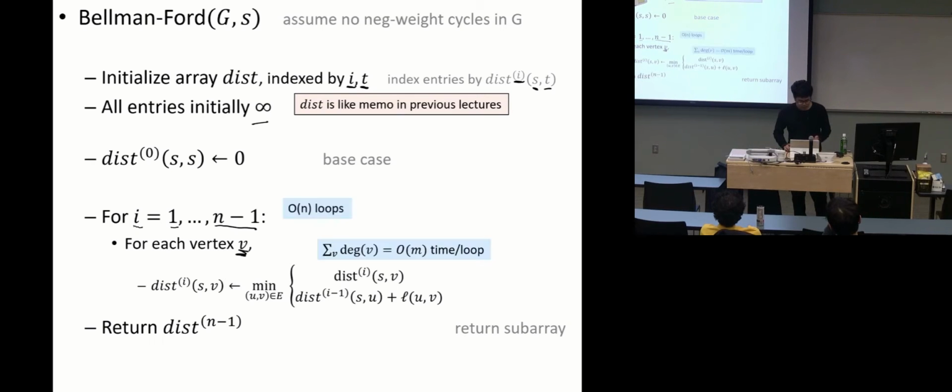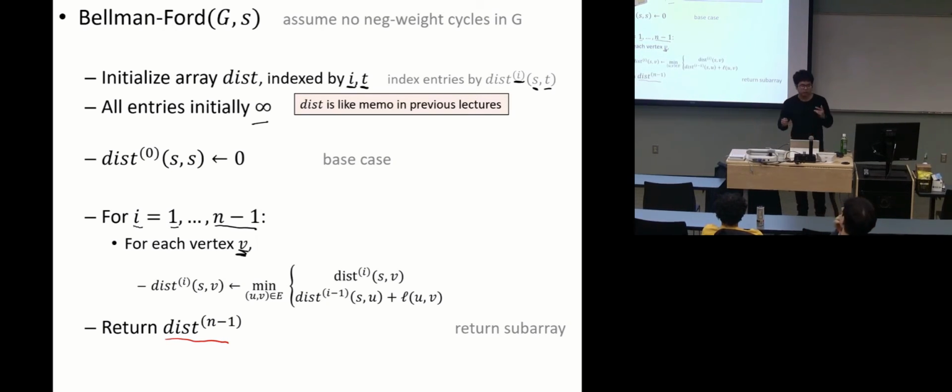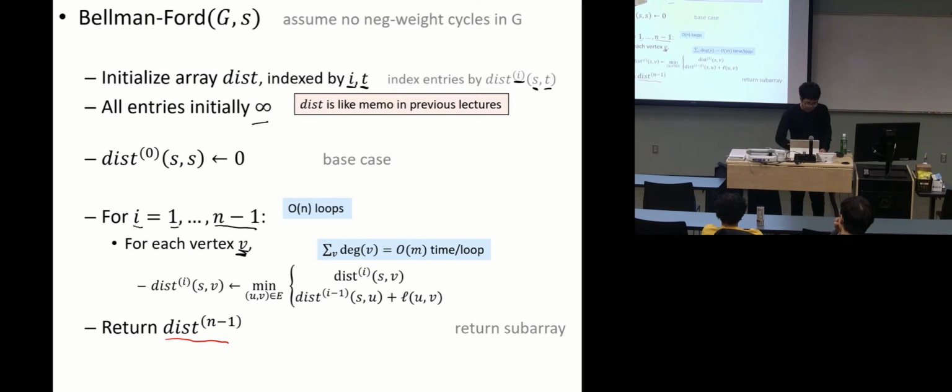Well, the running time is going to be here. There are n loops. Oh, I forgot to say the last step is that we just return this n-1 array. And we know that this is the same as the real distance from previous slides. So that's why the algorithm is correct. And for the running time, there are n loops. For each loop, how much time do we spend?